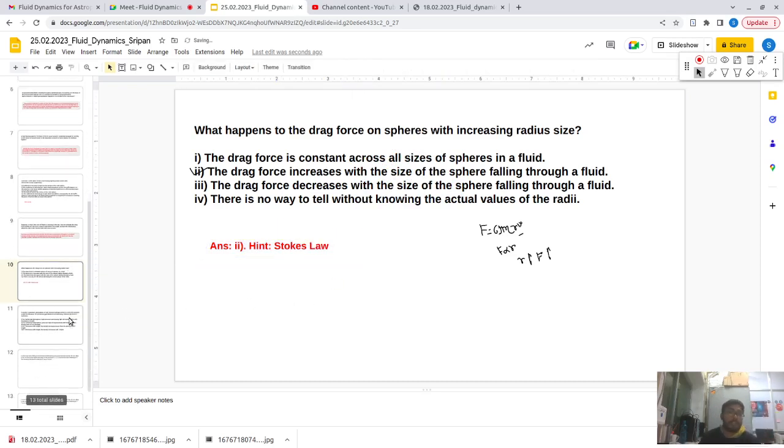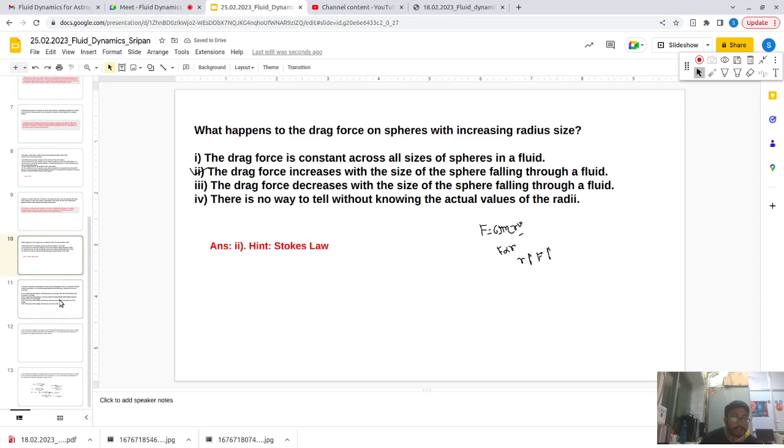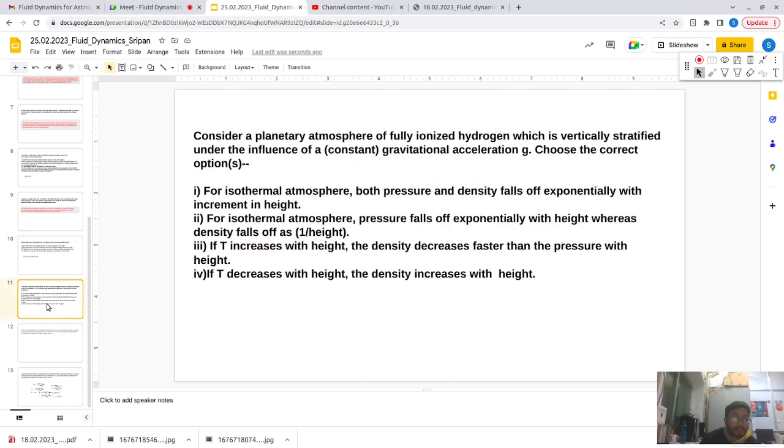Okay. Now the next question is here. The second one. Consider a planetary atmosphere of fully ionized hydrogen which is vertically stratified under the influence of a gravitational acceleration g.